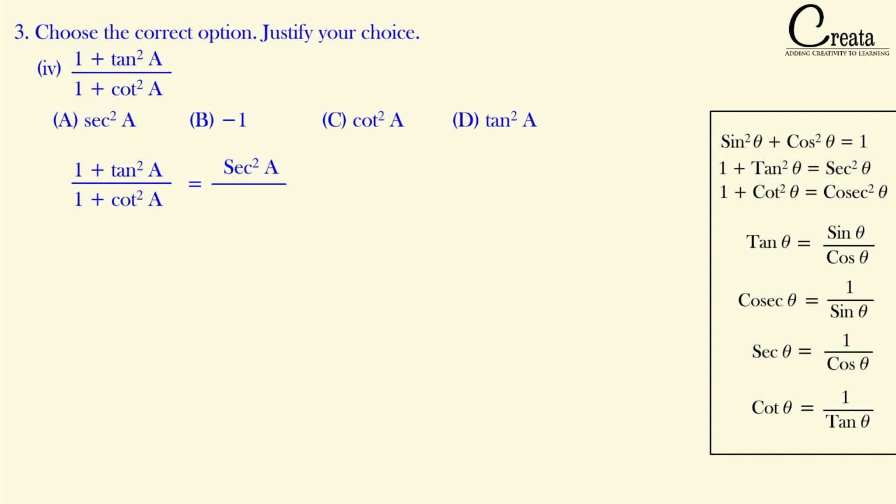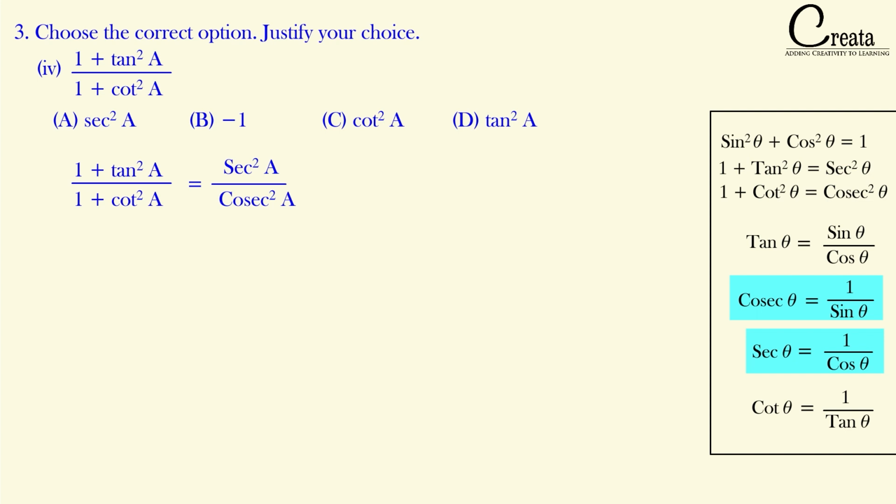Similarly, for the denominator expression 1 plus cot square A, we use the third trigonometric identity formula, which is 1 plus cot square theta is equal to cosec square theta. So we got cosec square A in the denominator. And what is sec? Sec is the reciprocal of cos. And what is cosec? Cosec is the reciprocal of sine.